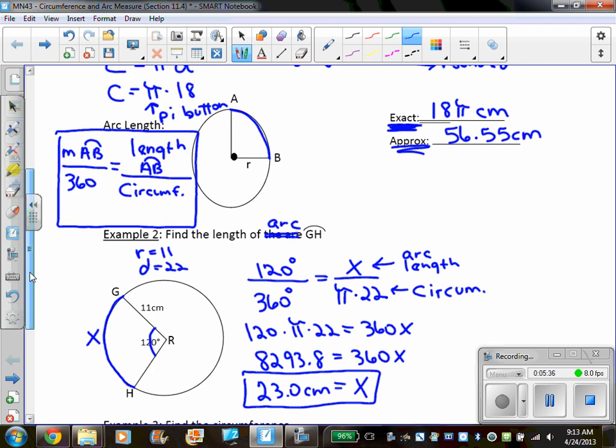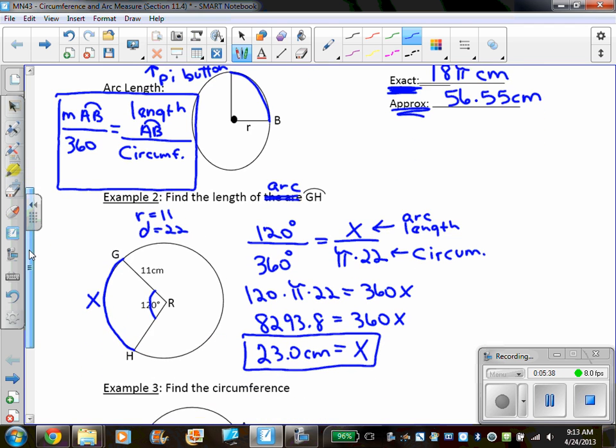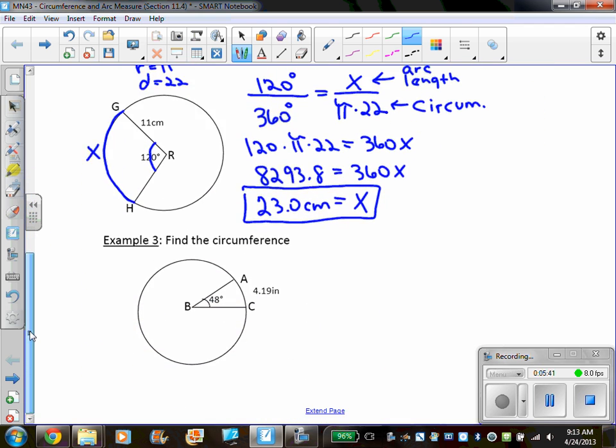Okay, so that is the formula if you want to use a formula, but really it is just proportional reasoning, part out of whole.